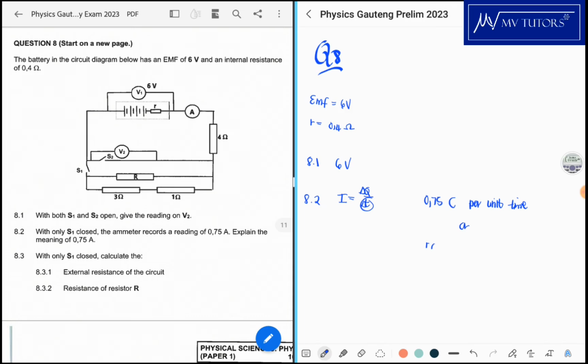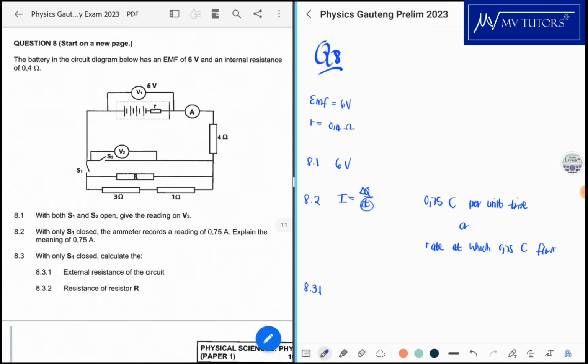So you could say the rate at which 0.75 coulomb flows. Okay, so that is what you would explain 0.75 amperes to be. Now 8.3.1, with only S1 closed.